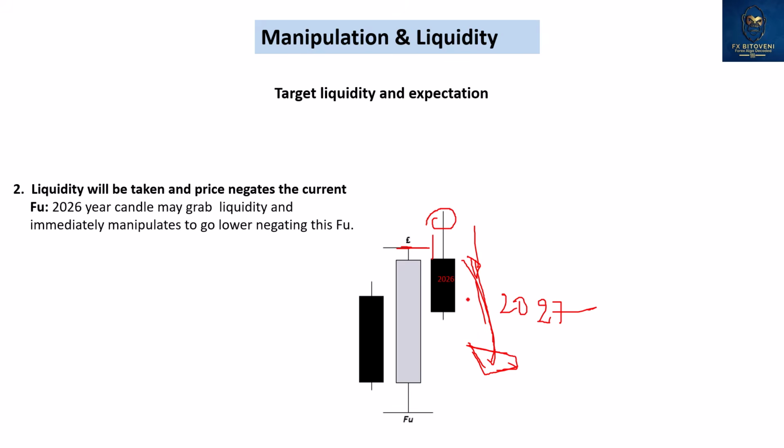Hope you understand. So whatever you are seeing on GBP/USD or EUR/USD will fall under these two options. Either it will grab liquidity and continue to go higher, or it will grab liquidity and immediately reverse. So this is what you should expect on these pairs.